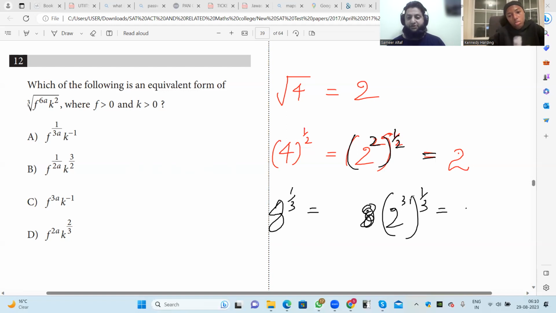What will be the rule here? To multiply it. So multiply 3 by 1/3. How much will that be? 1. It'll be 2 again. 2 to the 1, or you can say 2. Yes or no? Should I repeat it? Nope.